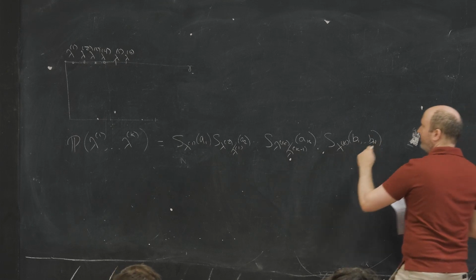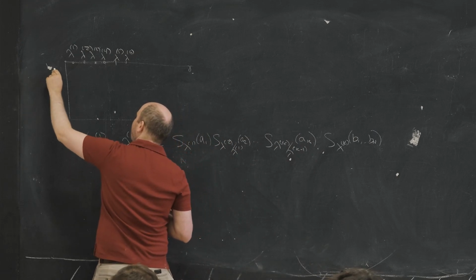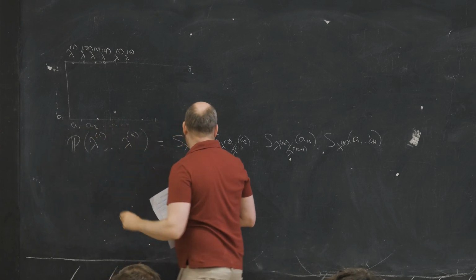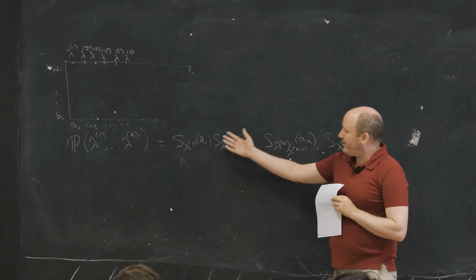Okay, so I'm assuming I have my b1 up to bn, and then a1, a2, and so on and so forth.